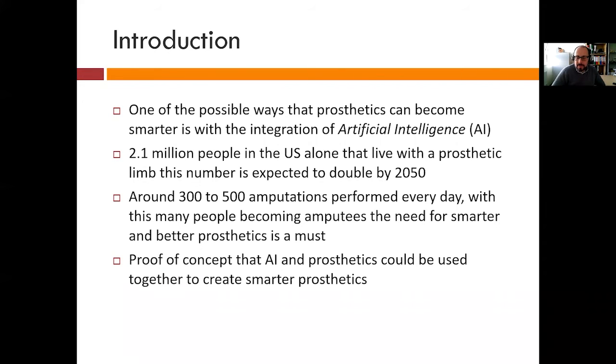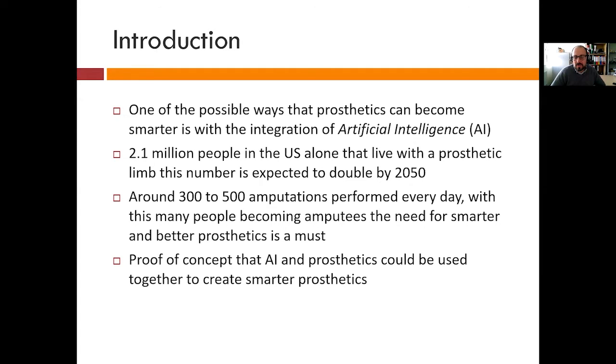So what's the problem? We're talking about robotic prosthetics. And one way to try to improve what we have in terms of prosthetics and robotics is to introduce some AI into these systems.